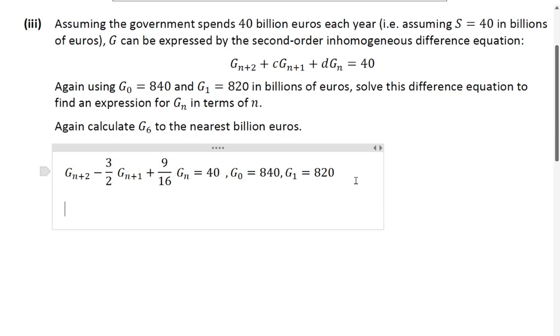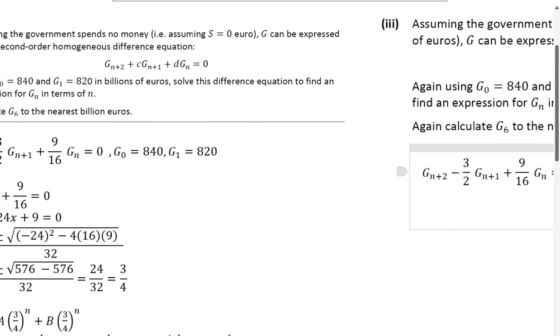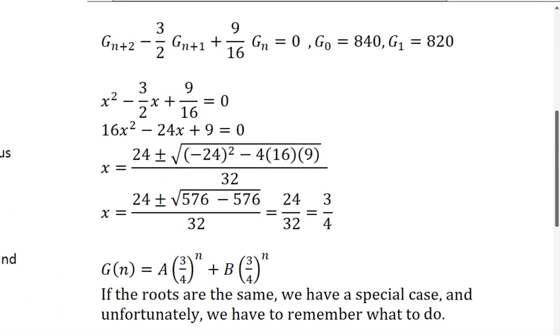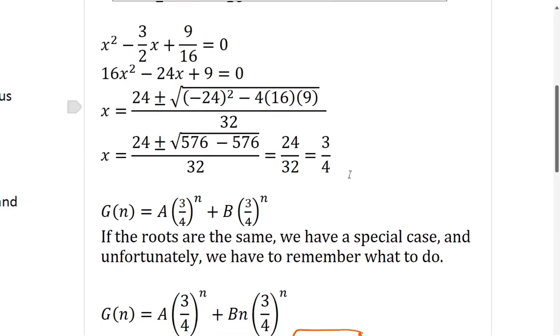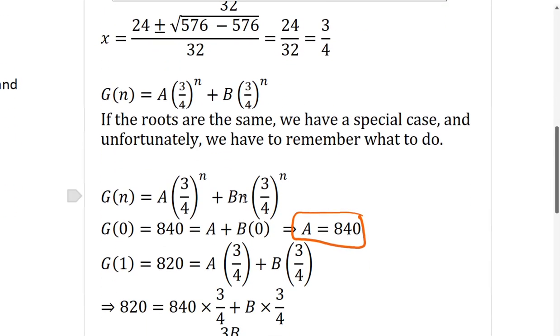Now, the good thing is that with the inhomogeneous part, we start the solution the exact same way. Basically what we did here was creating our quadratic, finding solutions, and getting our general form, which had the n in it because we had a repeating root. That's the same.